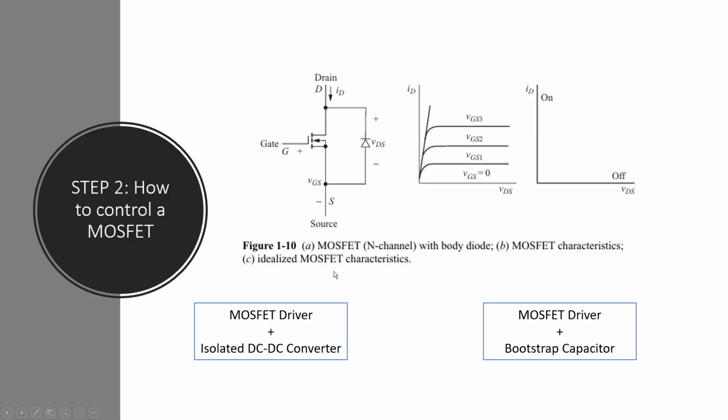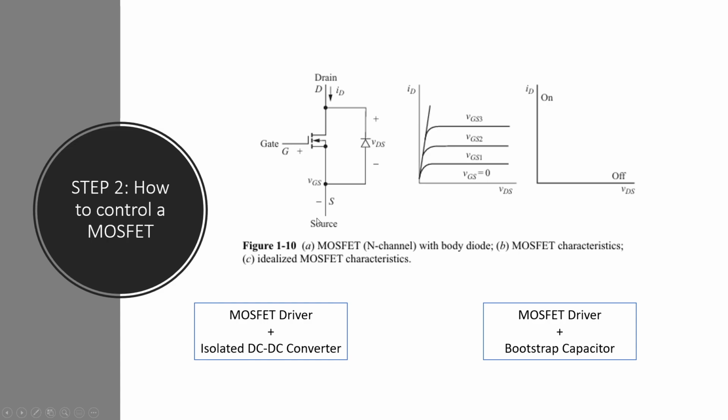To solve that problem, we can use an isolated DC-DC converter. We provide another voltage source only for the MOSFET, and the voltage source should be isolated between the input and the output.